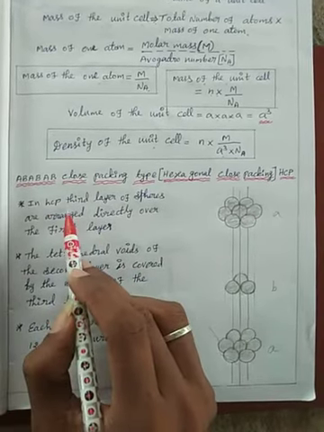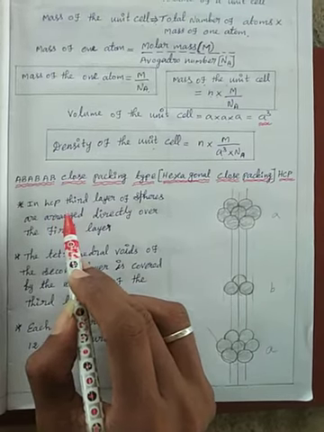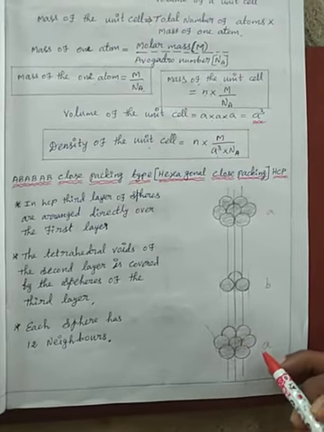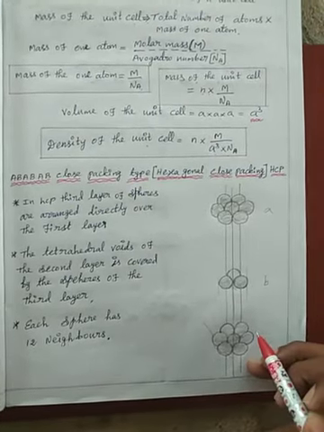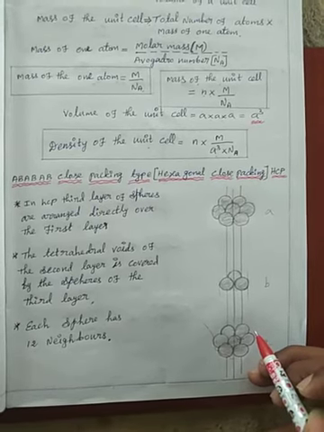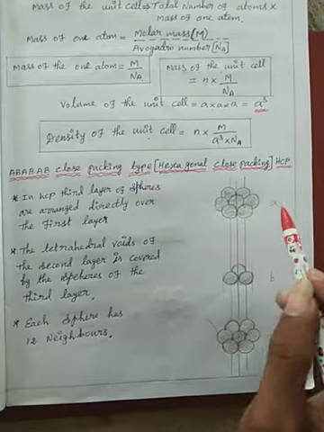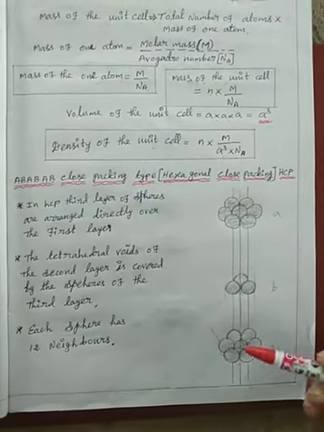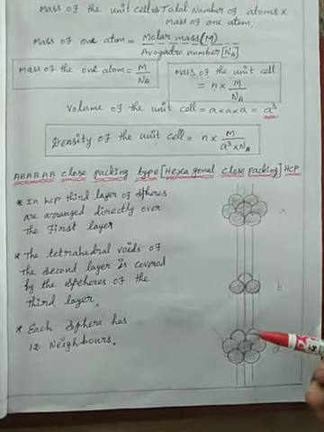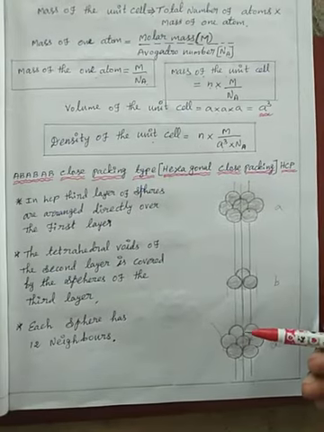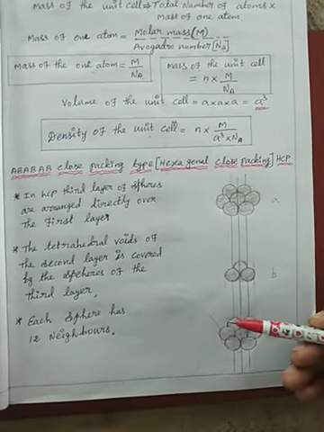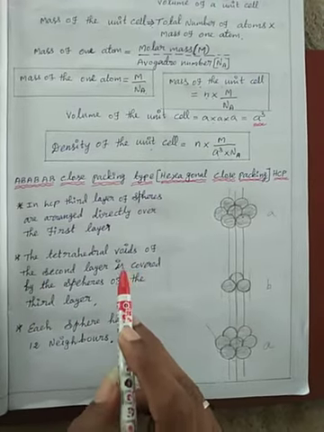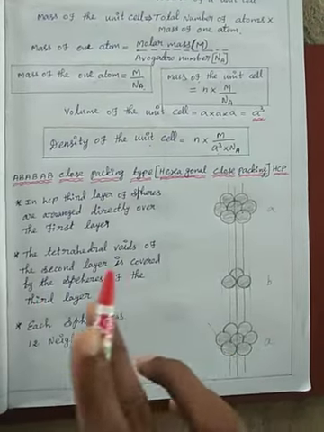In HCP, the third layer follows the ABA type: the third layer of spheres is arranged directly over the first layer. The positions of the atoms in the first and third layers are the same, and the geometry is tetrahedral void of the AB type HCP packing.